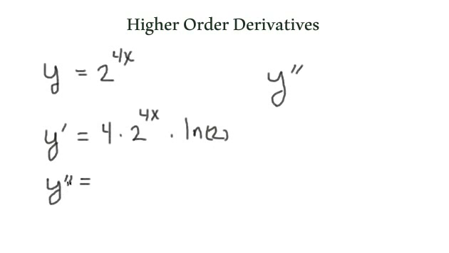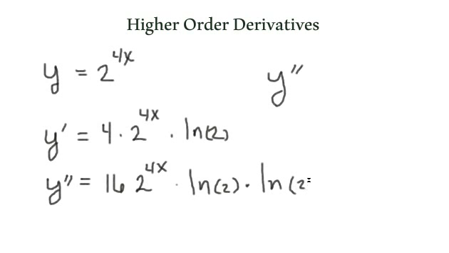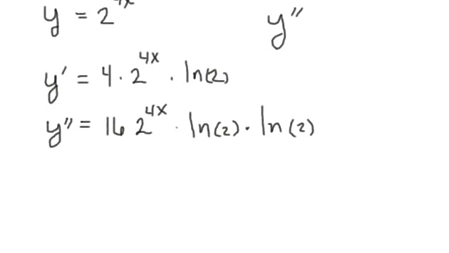And we're going to do this again. Y double prime. So we take the derivative of 4x and bring it out front. And that makes that a 16. Rewrite. Times, I'm rewriting this natural log of 2 here. Then remember we take the natural log of the base here, so that becomes the natural log of 2 again. Okay, but we can clean this up a little bit.